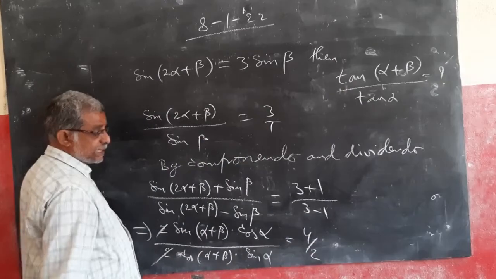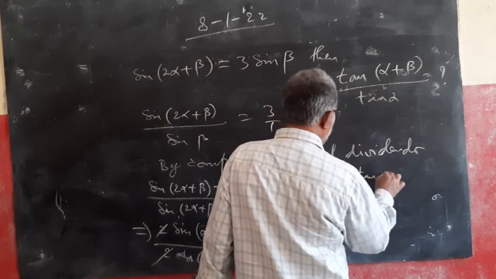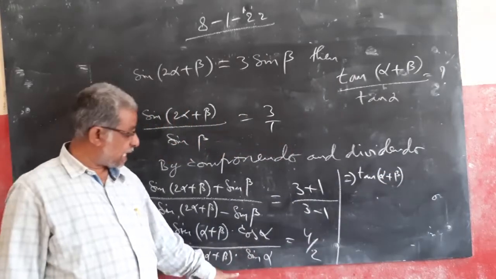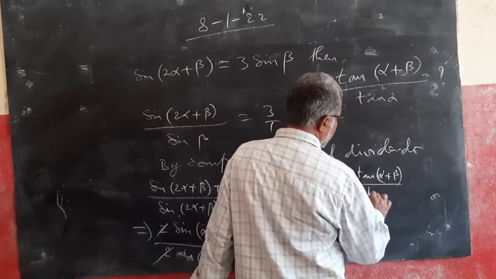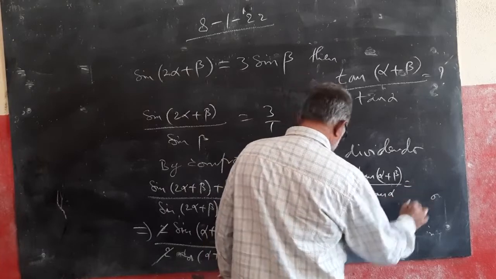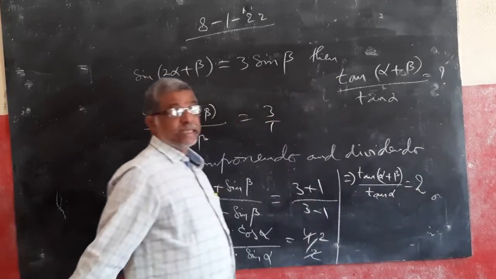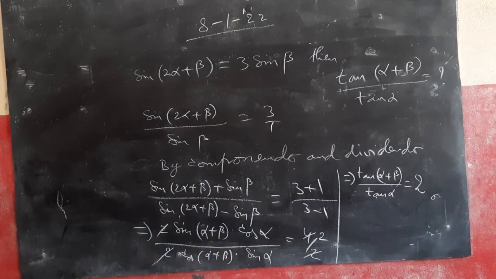Now sin by cos is tan, so it becomes tan of (alpha plus beta) into, here cos by sin is cot, becomes 1 by tan, so I will write tan alpha equal to this side, this 2 gets cancelled, so our final result is 2. So like this we can solve the given equation very easily.